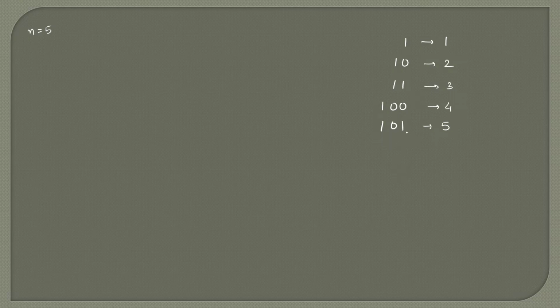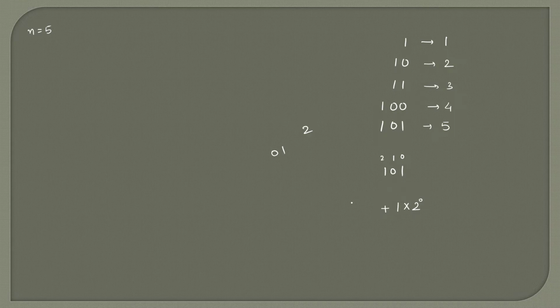Let's take one example. Let's say we are given the binary number 101. This digit is at the 0th spot, this is at 1, and this is at 2. This is a binary number, made of 0s and 1s, which is base 2. So we take each digit's value, multiply it by 2 to the power of its position, and sum them up, and we get the decimal number. We take 1 multiplied by 2 to the power 0, which is 1.